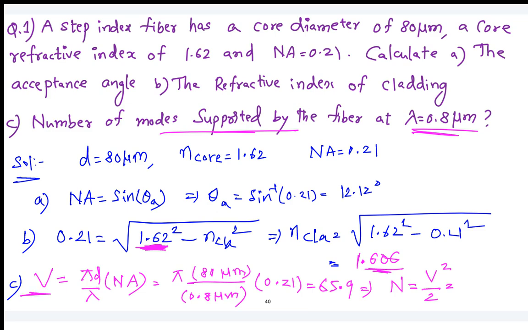So the number of modes N is equal to V squared by 2. How many modes are you getting? Approximately you can say 2170 something. Okay, these many modes you are getting.